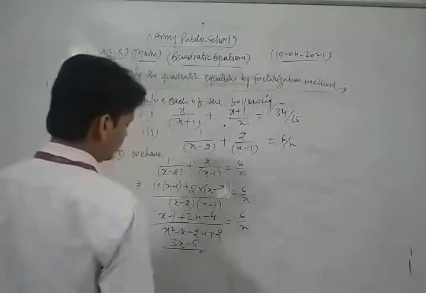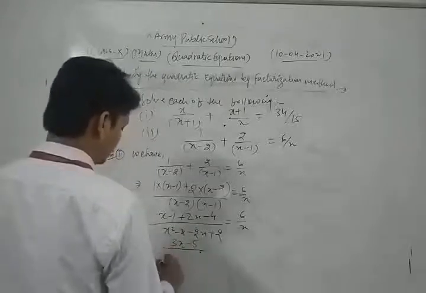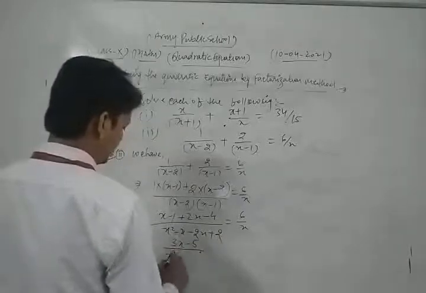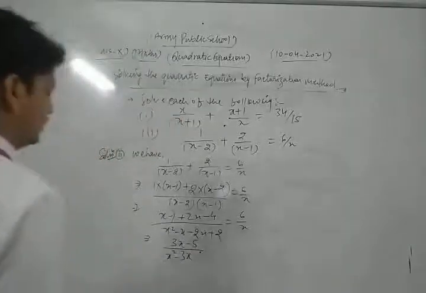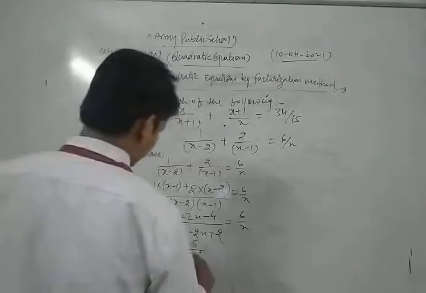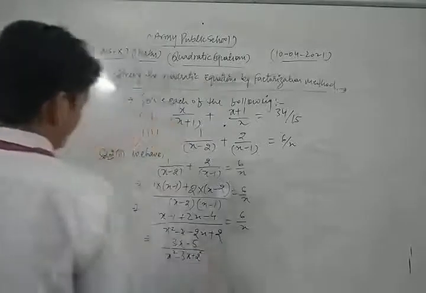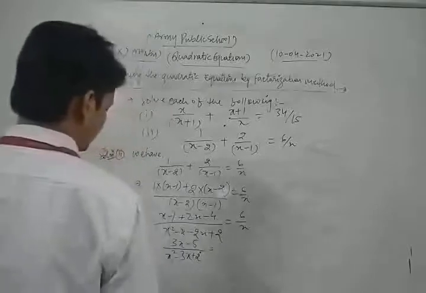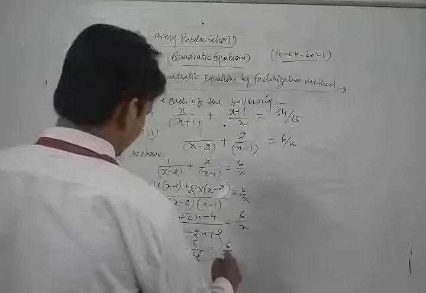Now x square stays as it is, minus x minus 2x is minus 3x, and plus 2 stays as it is, and we write 6 upon x as it is.